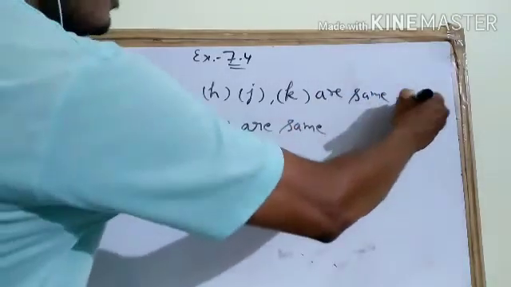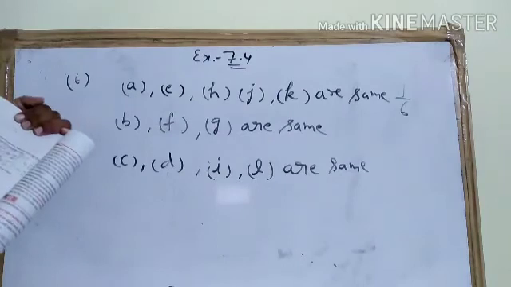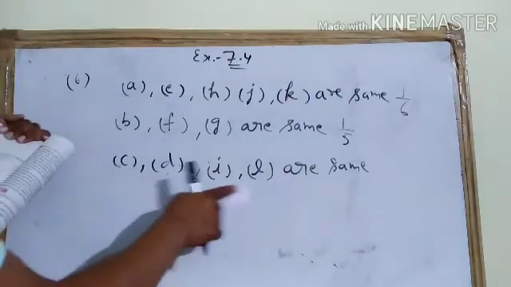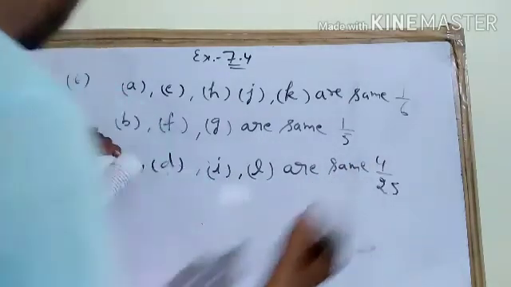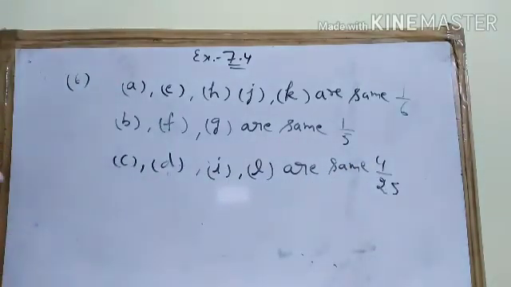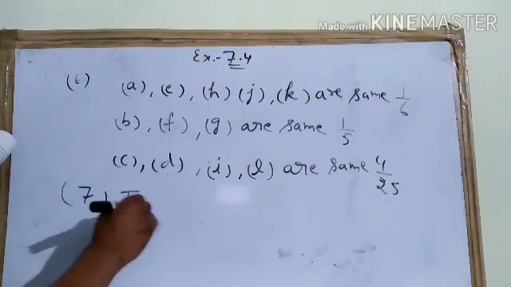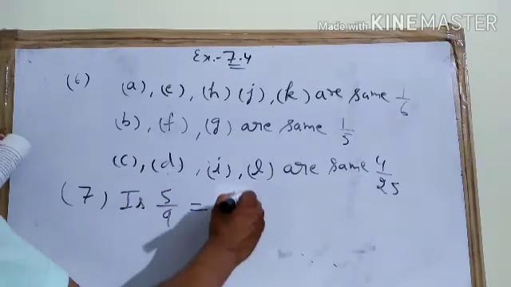B, F, G are the same. These all are 1 by 5. And C, D, I, L are the same. These all are 4 by 25. So this was your question number 6. Let's take question number 7. In question number 7, we need to check whether 5 by 9 is equal to 4 by 5 or not.